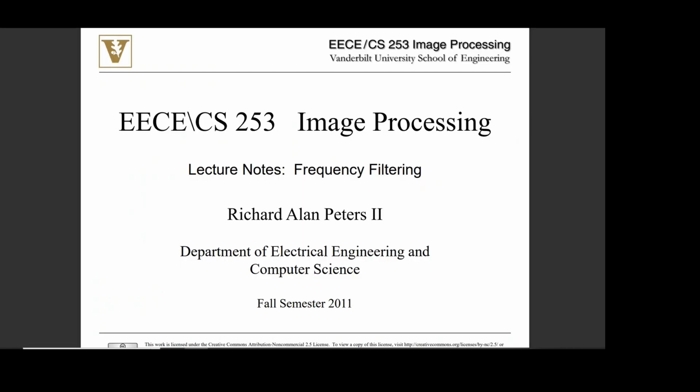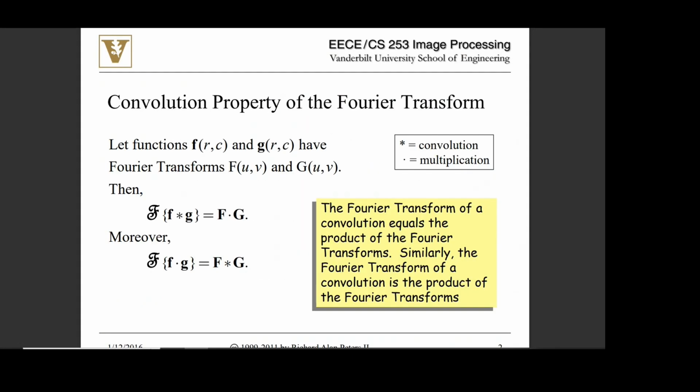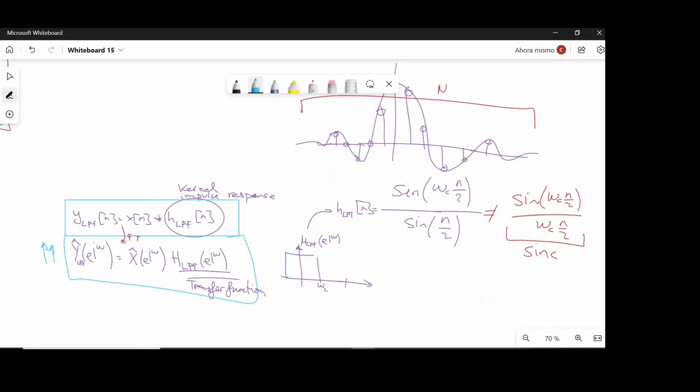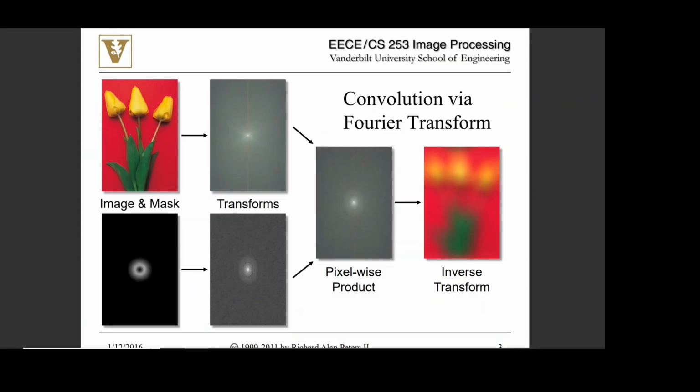Okay, so let's do it now with images. This is the property that I have used here. When you have a convolution in real space, you have a multiplication in Fourier space. And here we have a graphical representation of that.